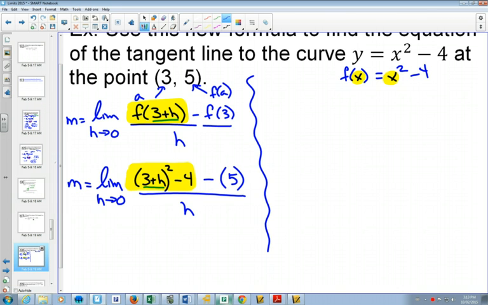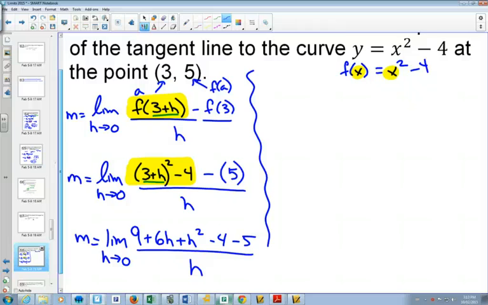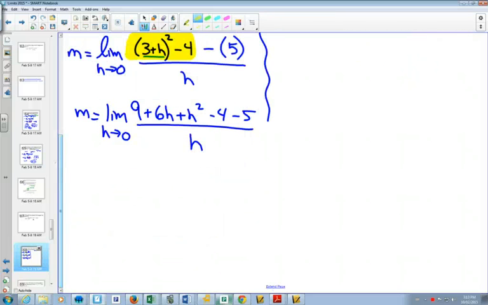Once you see that, the rest is just algebra. Be careful not to just square the 3 and square the h, because 3 plus h squared is 3 plus h times 3 plus h. You'd have to do all the arrows, and you would get 9 plus 6h plus h squared minus 4 minus 5 all over h. And just like the other methods, nice things happen. 9 minus 4 minus 5 is 0, so you just get 6h plus h squared.